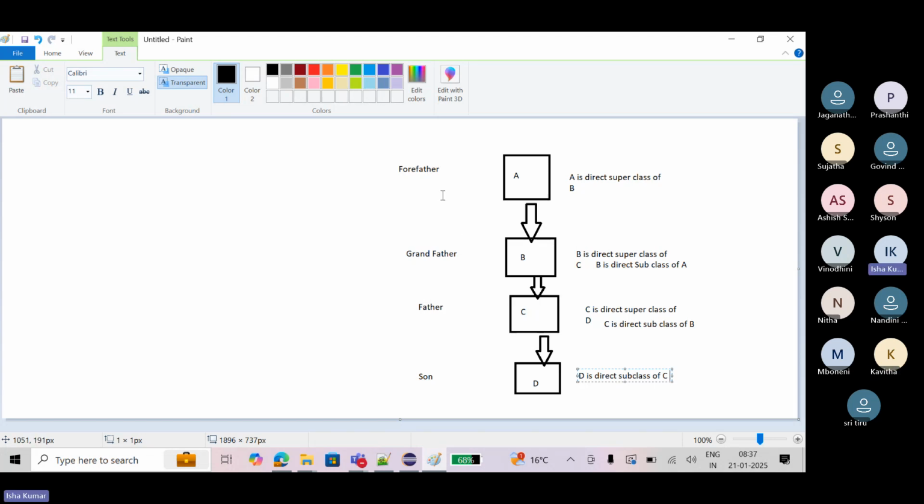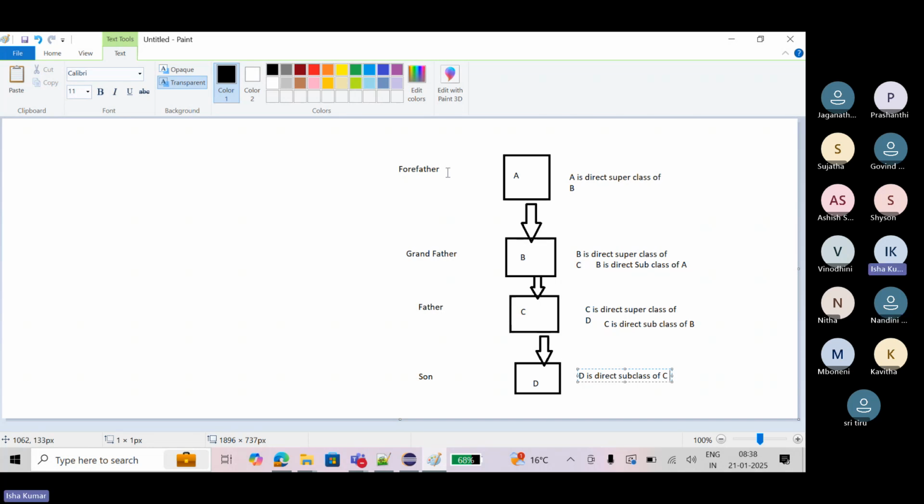See, forefather is also a father only, right? The father will be the grandson of the forefather, correct or not? So for him, for the father, the grandfather is the direct superclass. But the forefather will be an indirect superclass because all belong to the same family. In family, at least in India, our ancestor is also a father.